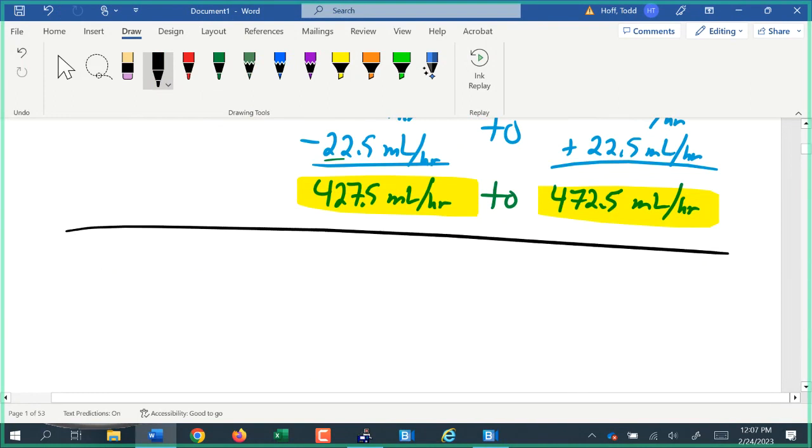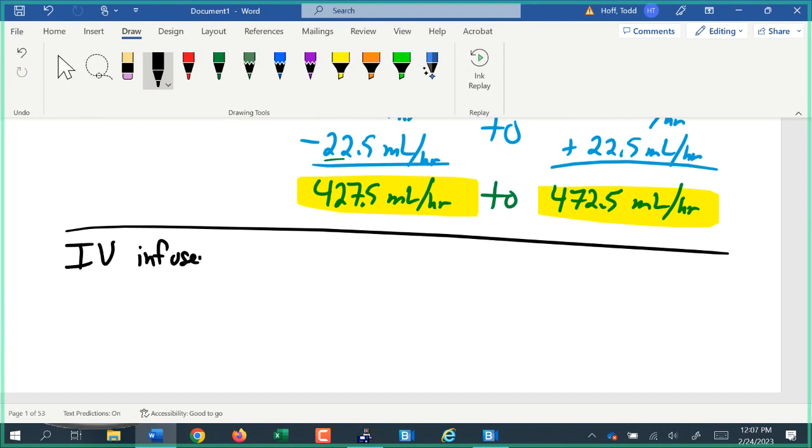This can also come into play when we deal with equipment. So let's say we have an IV infuser that is only capable to the nearest drop.